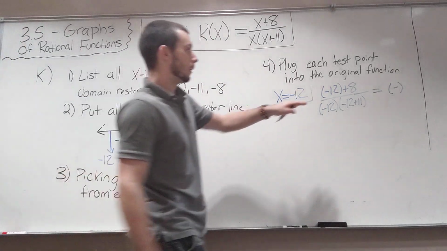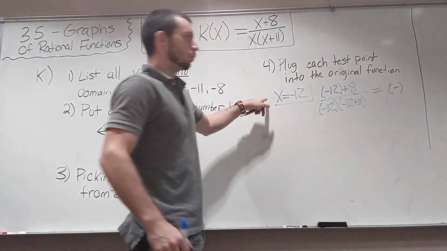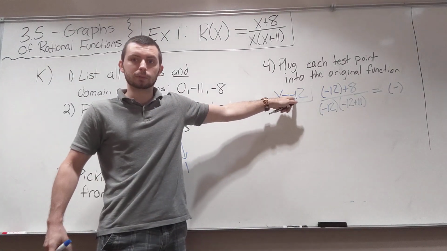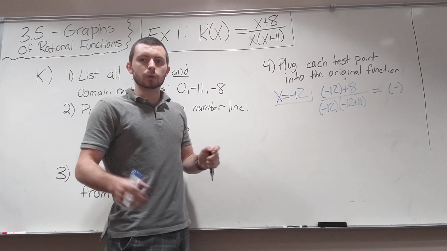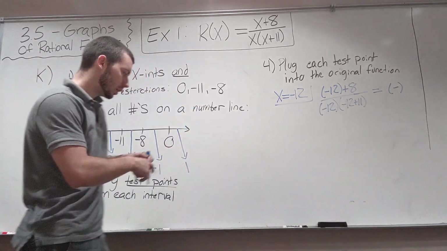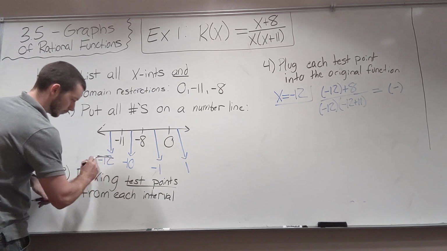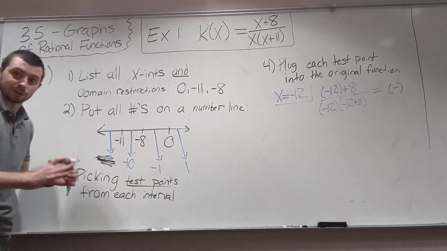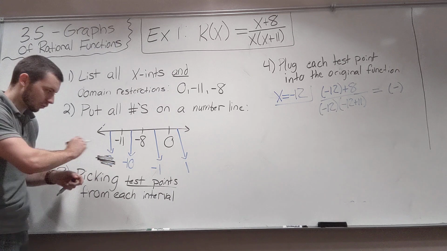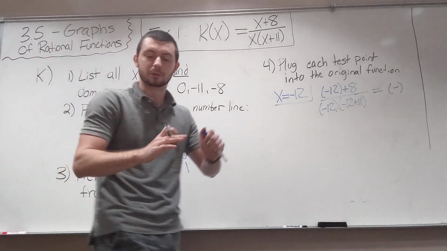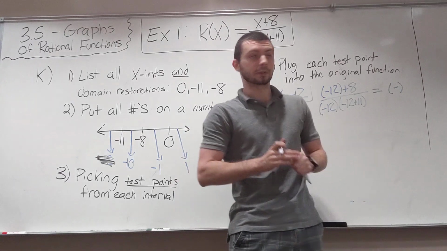Okay, cool. And so we do that, and after you do that, notice negative 12 was a test point, which means we used it in one situation. Now that we used it, I'm coming over here to negative 12, and I'm scratching it out. Trust me on this. We use the test point, scratch it out. This will help you so much from my experience helping people with this.